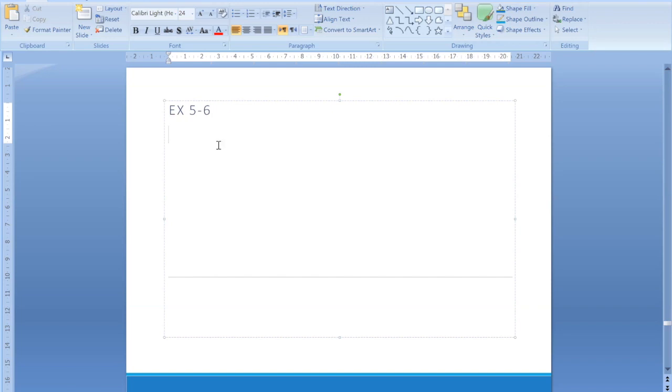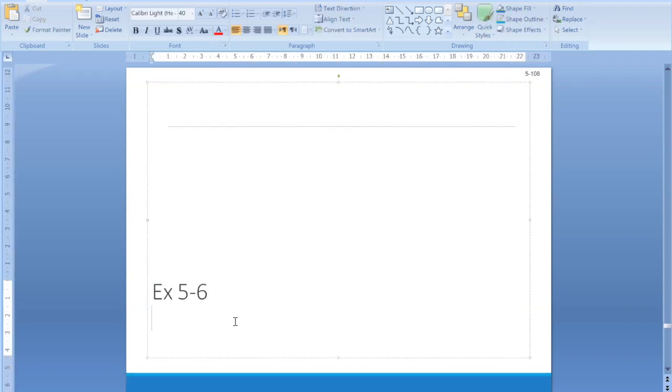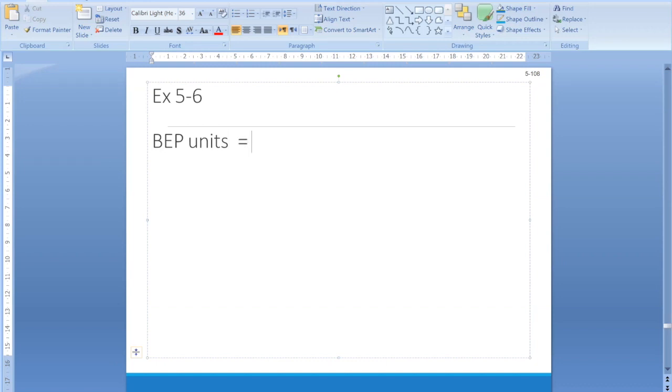Break-even point in unit sales. So break-even point in units is equal to what? What is required is break-even in unit sales.